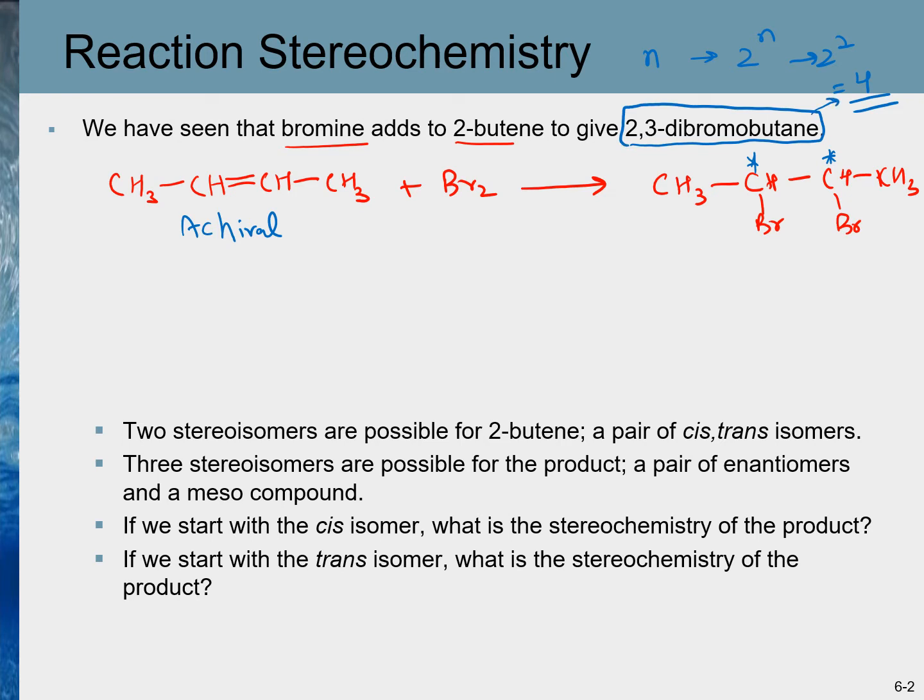However, if we analyze this molecule closely, we see that there is a plane of symmetry. That means two of those stereoisomers are meso compounds.